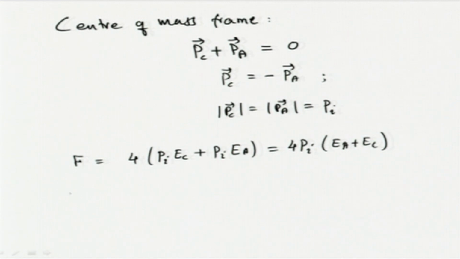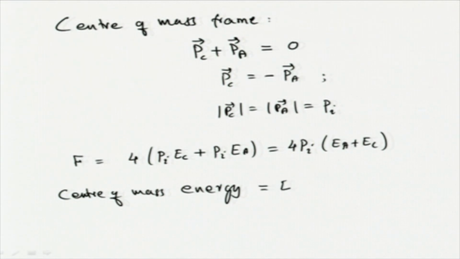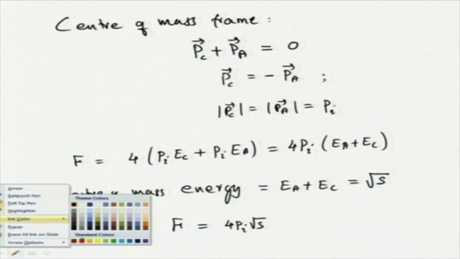If I denote the center of mass energy, which means the total energy of the initial particles in the center of mass frame, E A plus E C, as root S (we will see later on why we call it root S), then in this notation the initial flux is 4 P I times the square root of the center of mass energy.